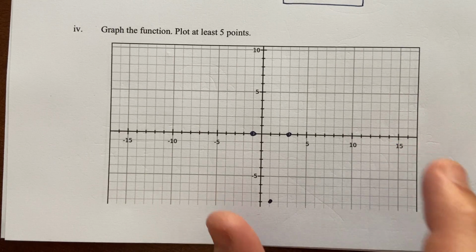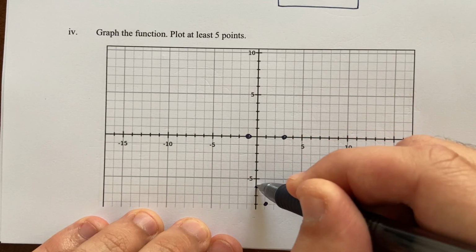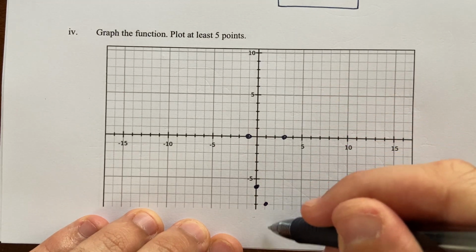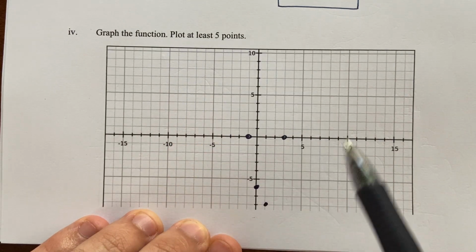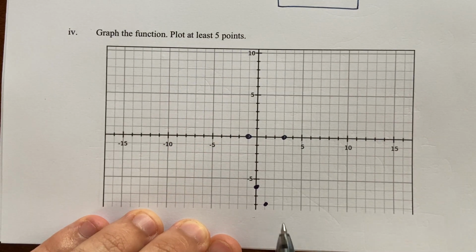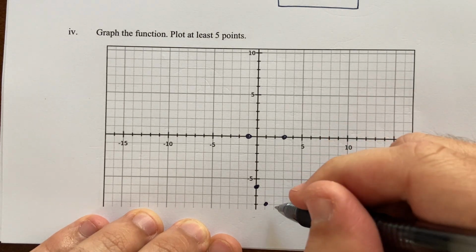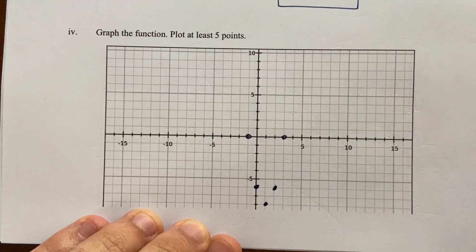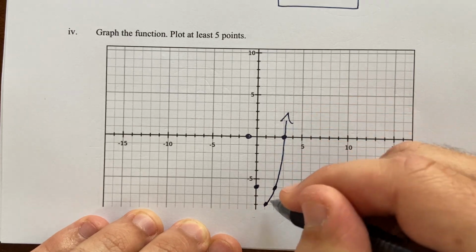So plotting that, 0, negative 6. I know that there's a symmetrical vertical line through the vertex always. Since I need to plot at least 5 points, here's 1, 2, 3, 4. But right when I identify this point, I know there's a symmetric point right over here across that axis of symmetry. So here's that parabola.